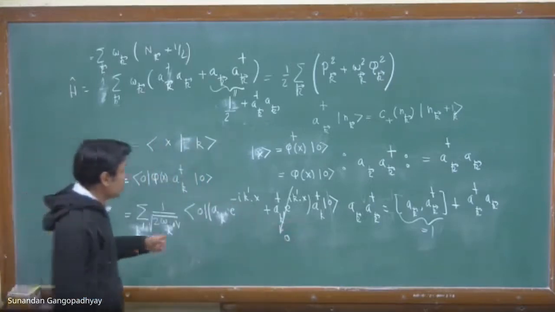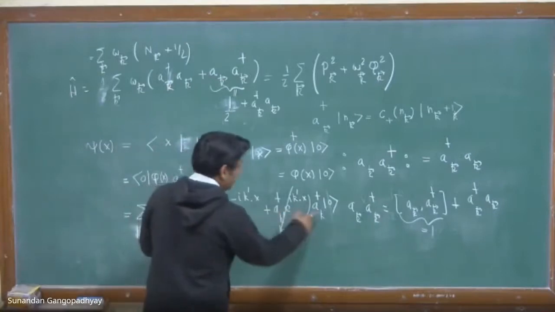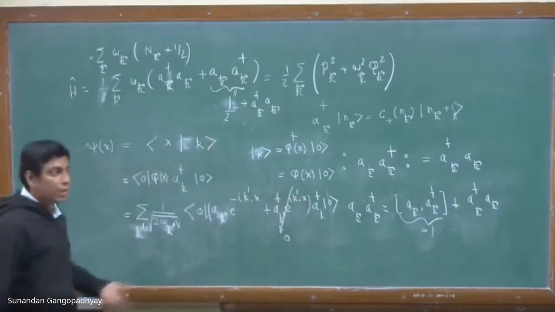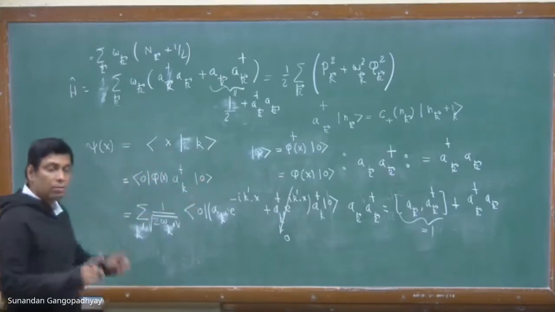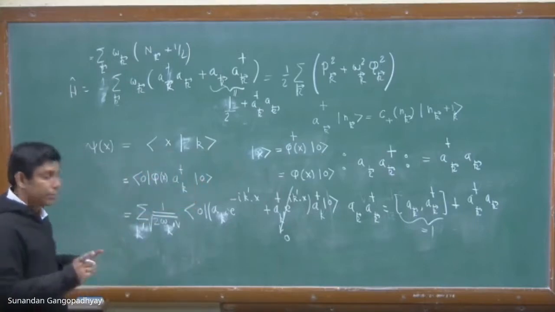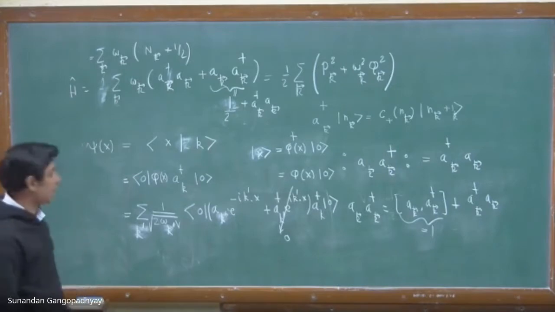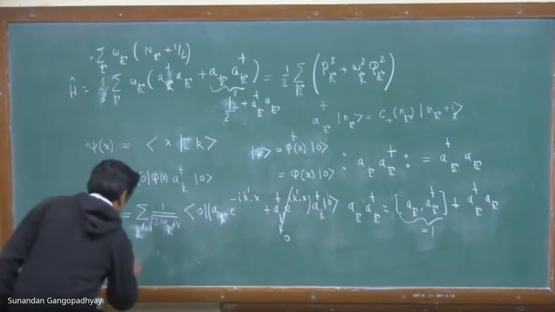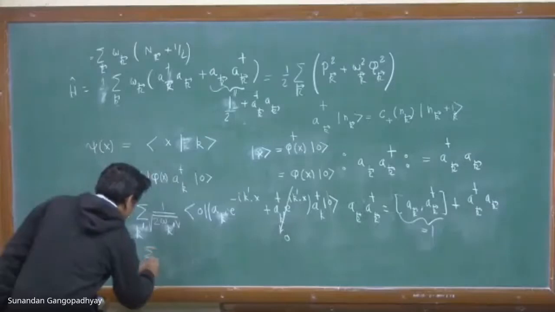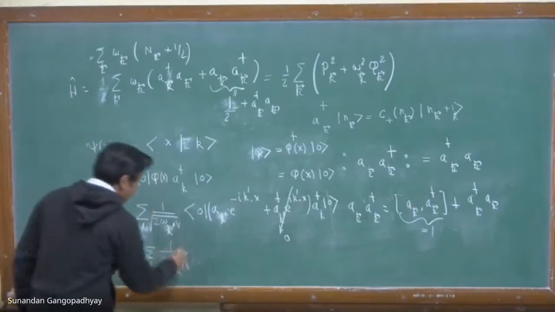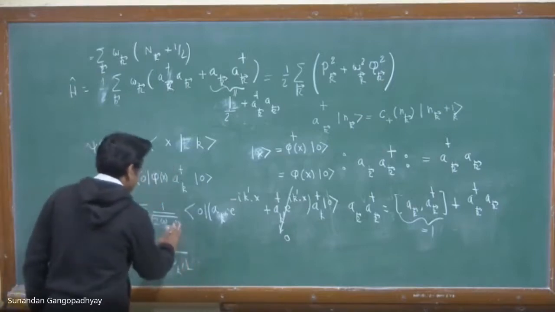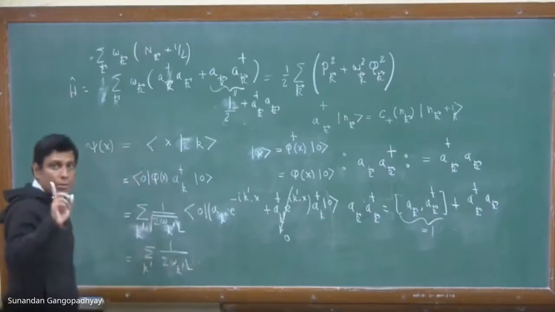So what you have is only this term, a k prime a dagger k, and we have already calculated it on the other side of the board. With the same calculation, you convert it to a commutator and bring the annihilation operator to the right hand side. If you do that, what you will get is the summation over k prime of 1 by square root of 2 omega k prime volume V. Volume V you can here replace by length L because we are considering one spatial dimension.